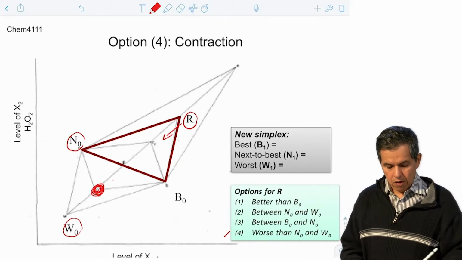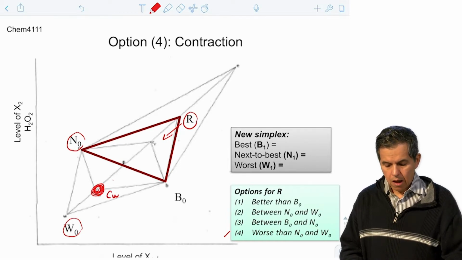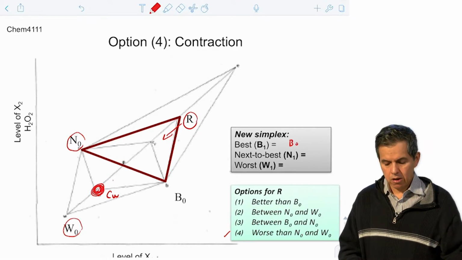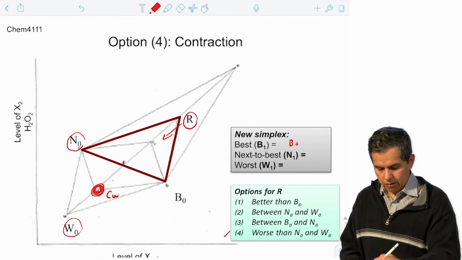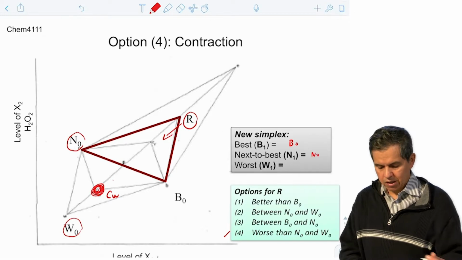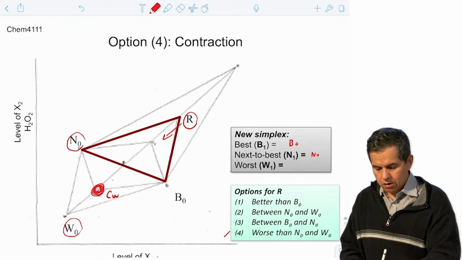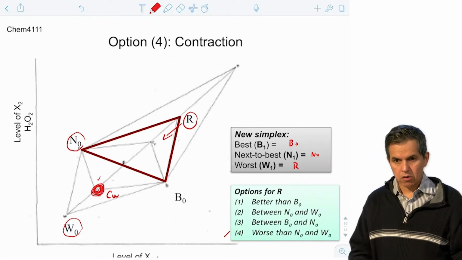This is what we're going to call the CW point. In this situation, the original best condition is still the best, the second is still the same as next to best, and R now is the worst, and that's why we move to this particular CW position.